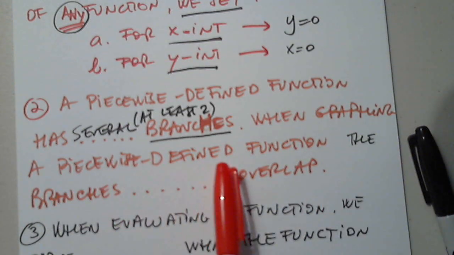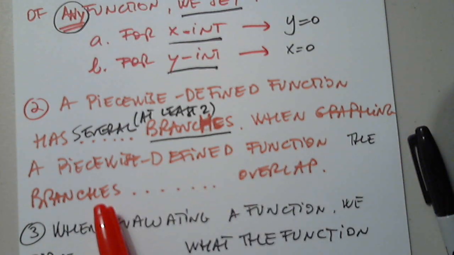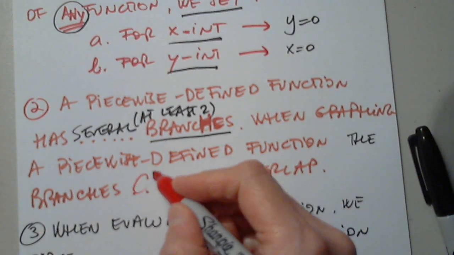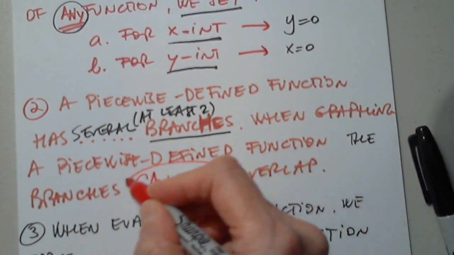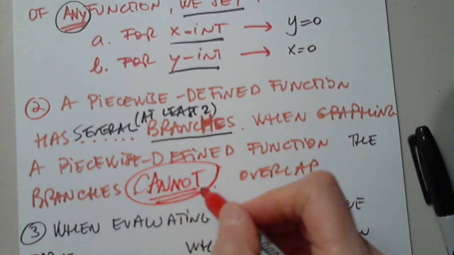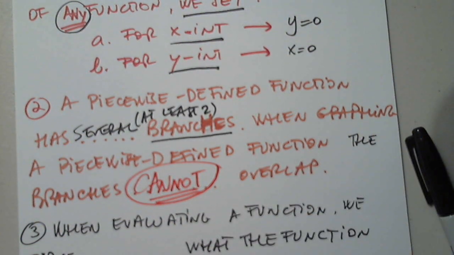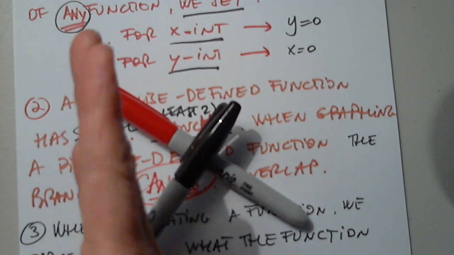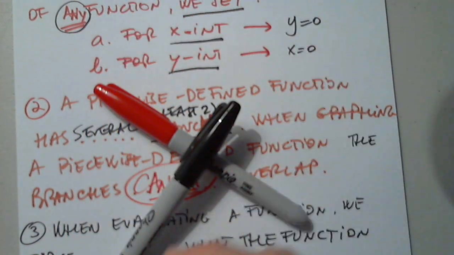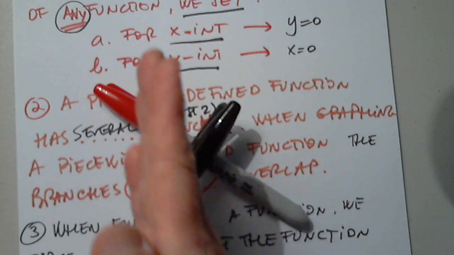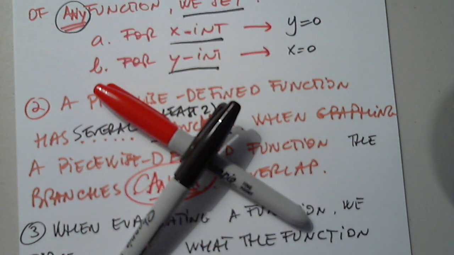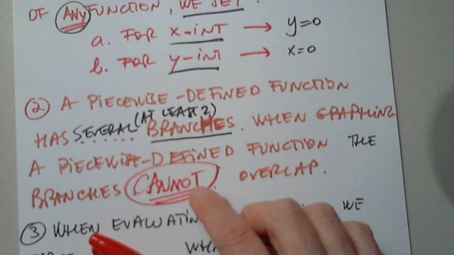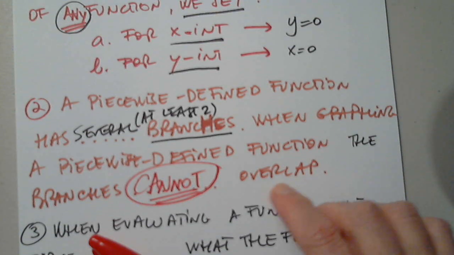When graphing a piecewise defined function, the branches cannot ever overlap. Very good. So if this is one function, this cannot be the other. This is not a function anymore. If this is one branch and this is the other, by the vertical line test, this is not a function. So please do not graph something like this. They can never overlap. Awesome.